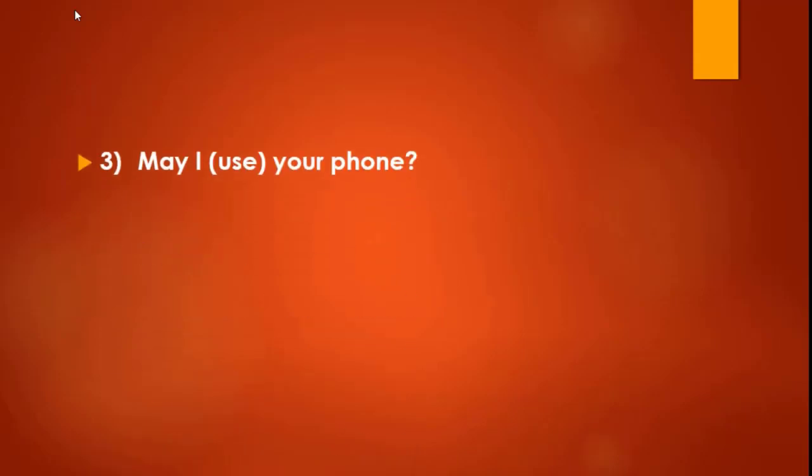Sentence number 3, may I use your phone? Dear students, may is a modal verb that is followed by a bare infinitive. Its solution is, may I use your phone? Use is a bare infinitive.